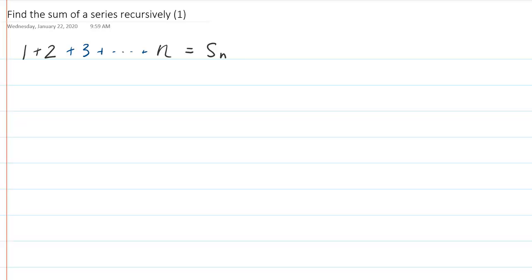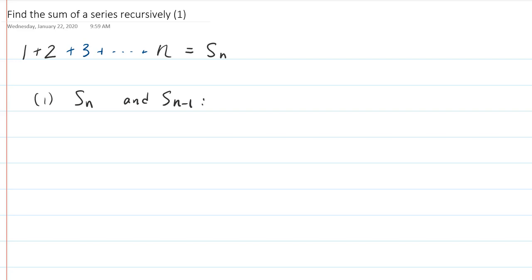Here is an example. We are going to show how to find the sum of a series recursively. The first step is to find the recursive formula. So we're going to try to find the relation between Sn and Sn minus 1.